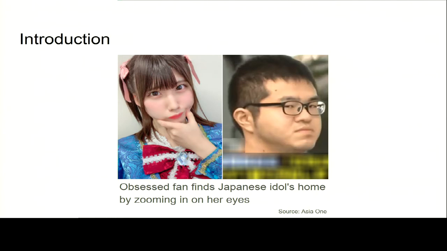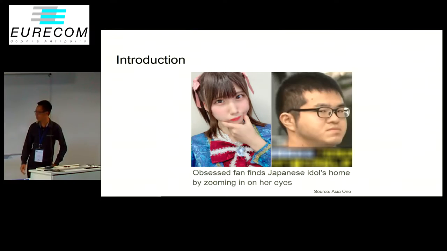But there's also a counterexample for privacy, because some obsessed fan can find a Japanese idol's home by zooming into her eyes and seeing the content inside. So the pixel privacy problem is really interesting, because we want to publish what we want to and protect what we don't want the whole world to see.